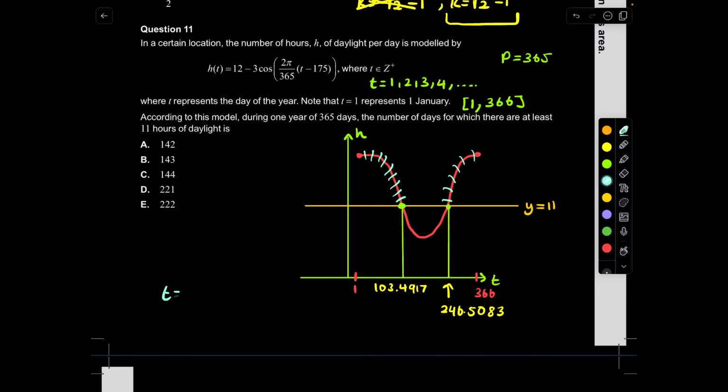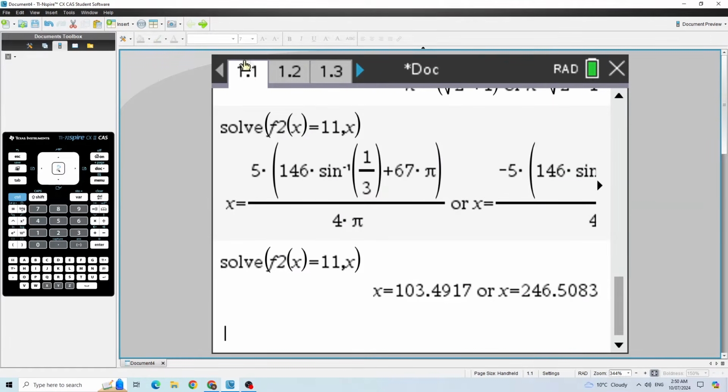So t equals what? To get this part here, it's basically this minus that. So 103.4917 minus 1 plus the next one. To get this part here, it's basically 366 minus 246.5083. And so that gives me what?